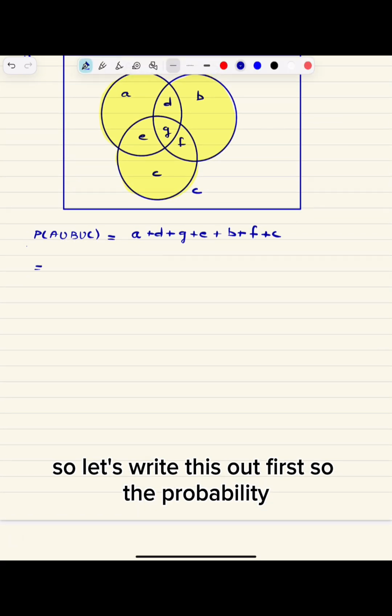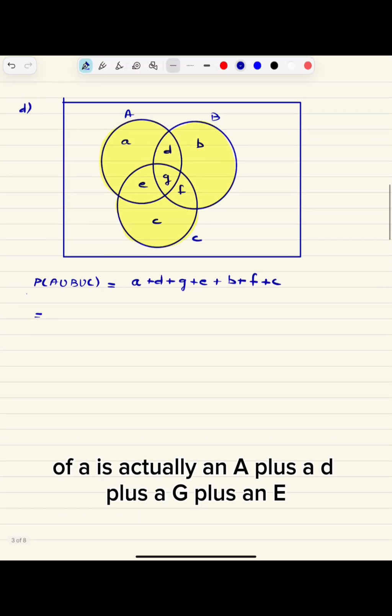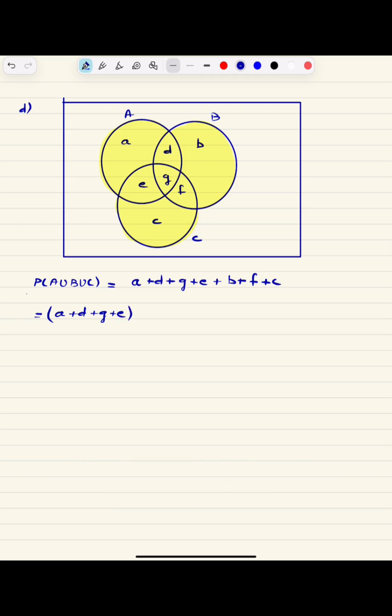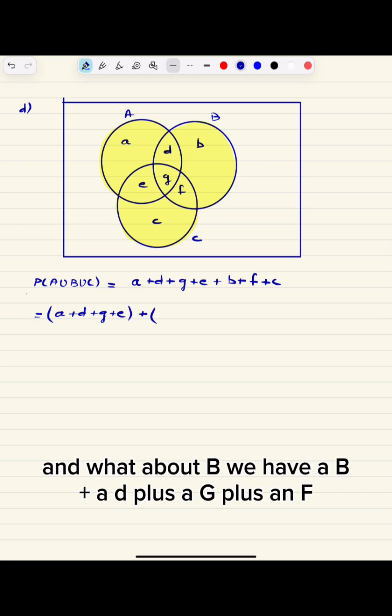The probability of A is actually A plus D plus G plus E. And what about B? We have B plus D plus G plus F.